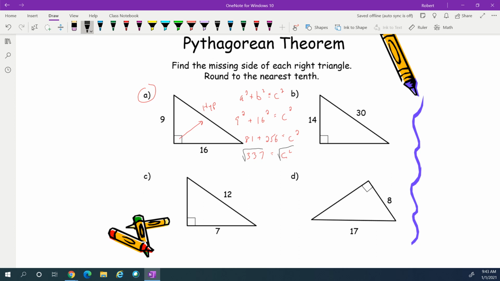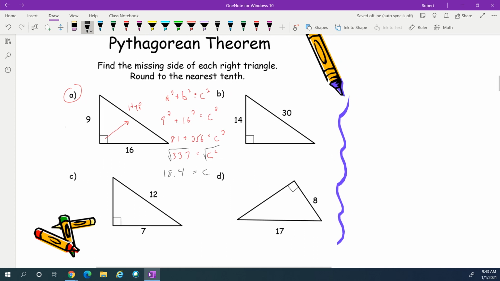So we're going to take the square root of both sides to get c on its own. We hit our square root button, and at that point, we follow directions. Here it says round to the tenth. So our answer here is going to be 18 point, and it's going to round up to 0.4, 18 and 4/10. Now, again, the critical thing is getting things substituted in the correct spot.